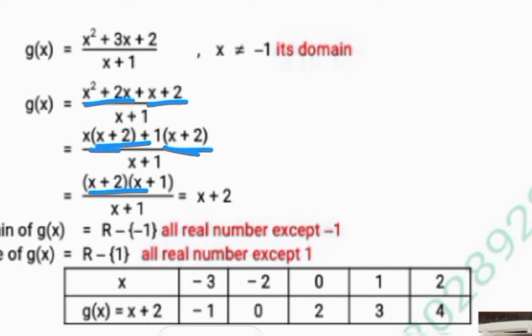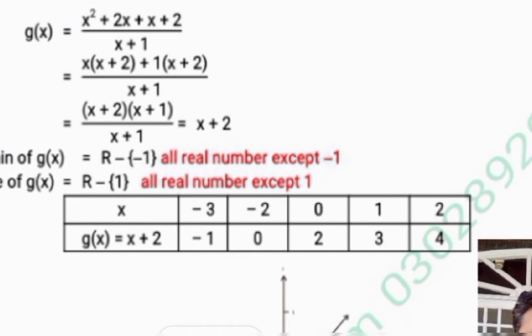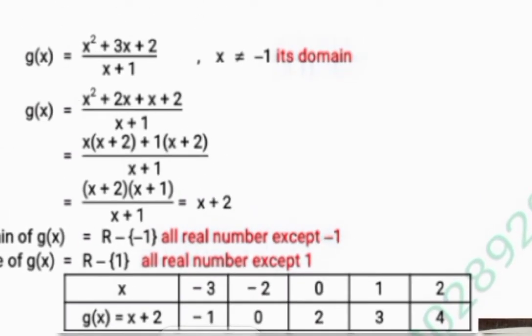After we take x plus 2 common, we have x plus 1, and x plus 1, that was the divisor, we will write till the end. Now x plus 1 will be cancelled and we have x plus 2. We have simplified.